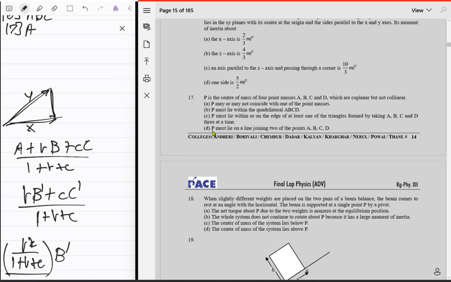Think. For sure, it's some kind of average of these vectors. I get that.